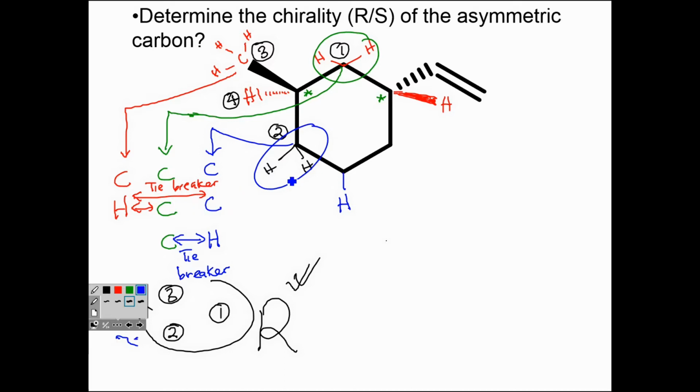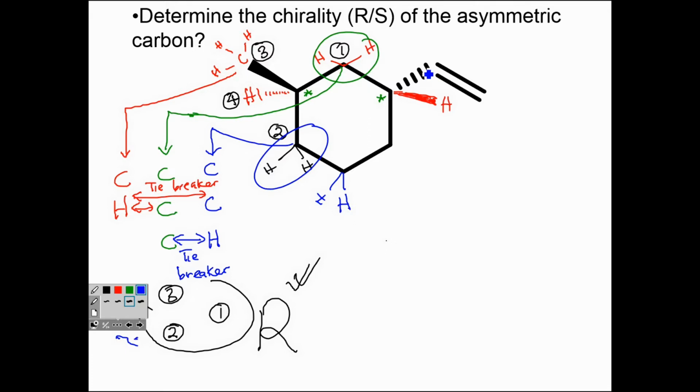So since we know that this carbon is that and this carbon is that, we have to move forward and see what's next. Now at this point we have to move over to these two carbons and see the difference. So this carbon is bonded to two hydrogens, while this carbon is bonded to a carbon and a hydrogen.